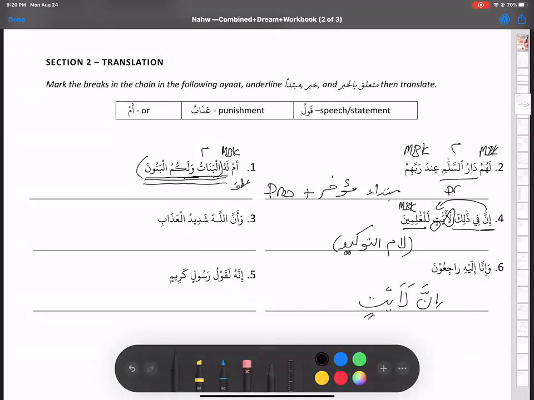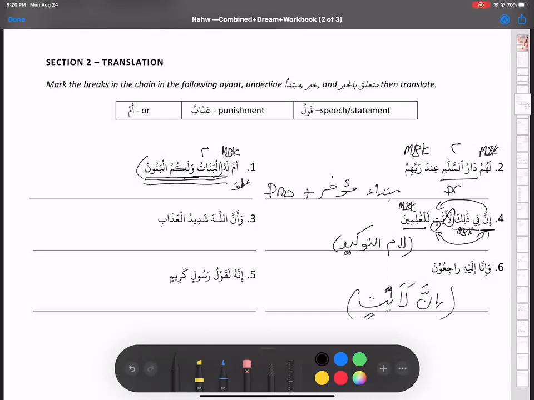Inna la ayatin lil alamina, or fi zalika lil alamin. So indeed, this is our mubtada. Inna and la ayatin are together making our mubtada, and fi zalika is our MB.